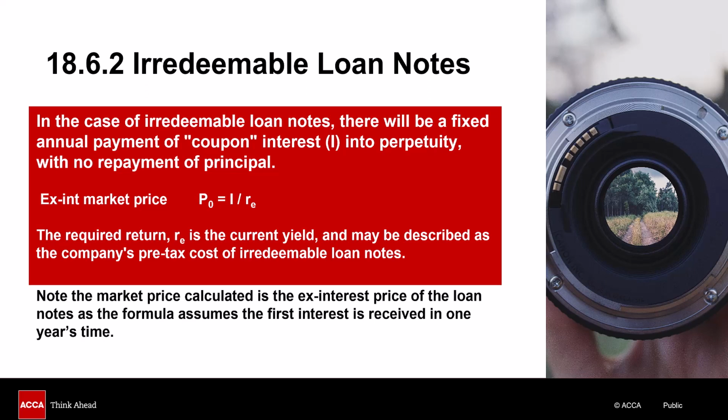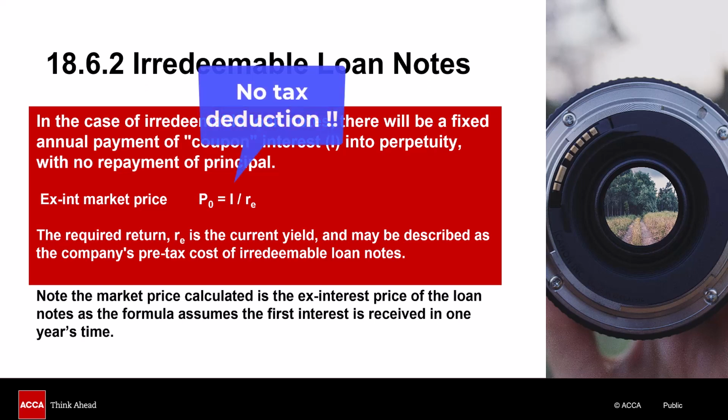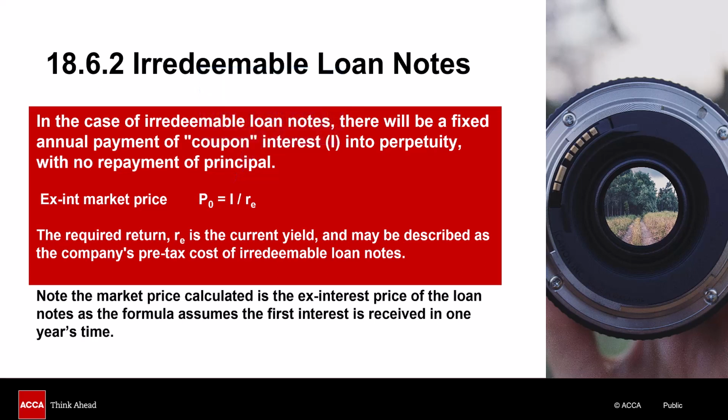So it's similar to preference shares. And again, we're looking at the ex-interest market price, which will be the coupon interest in dollars divided by the required return on the pre-tax cost of the irredeemable loan notes. Let's now look at an example.